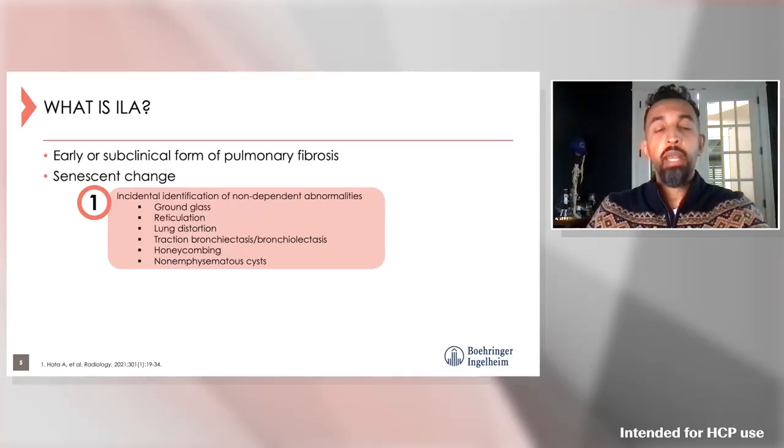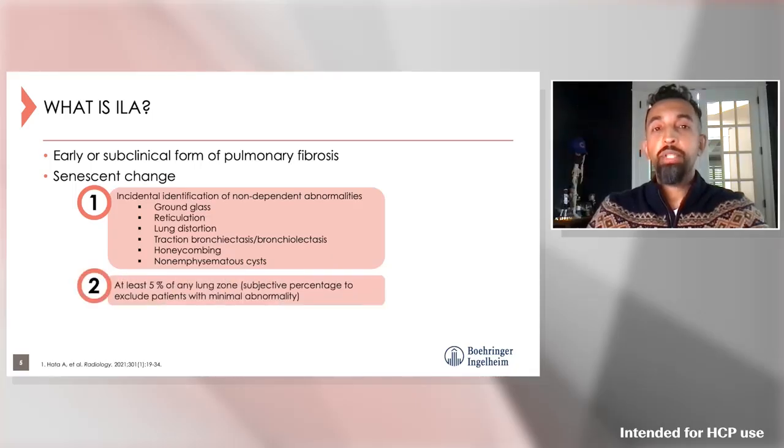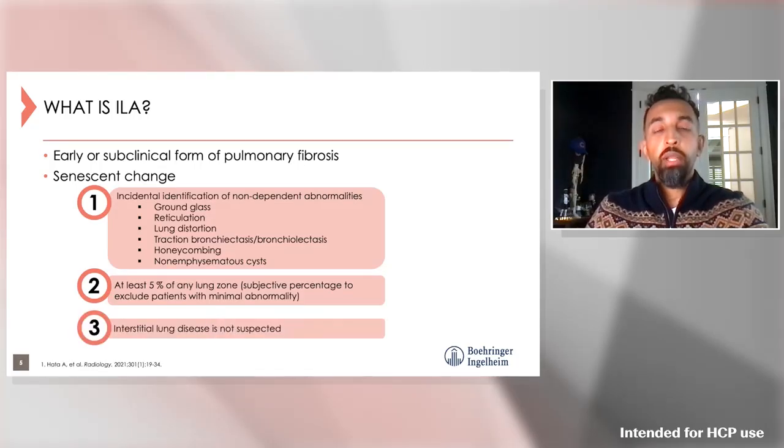Importantly, if you're defining or identifying a person as having interstitial lung abnormality, we want to make sure that at least 5% of any lung zone that you are viewing on a chest CT is involved. And really importantly, interstitial lung disease should not be expected in this patient.